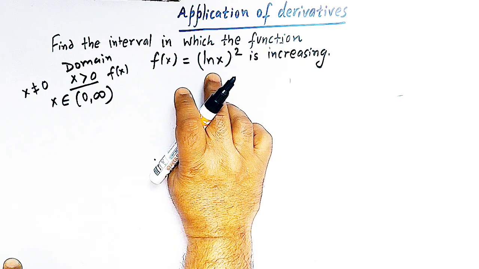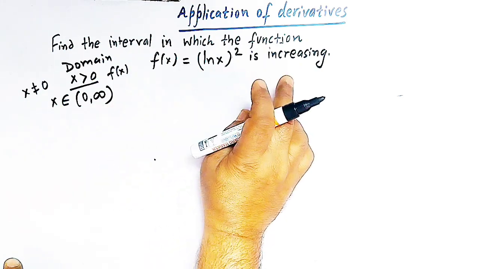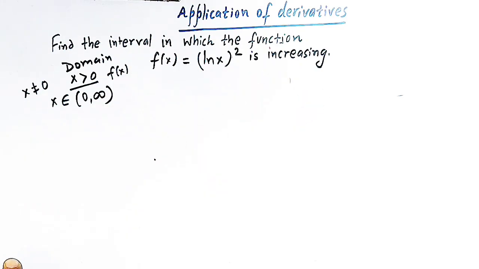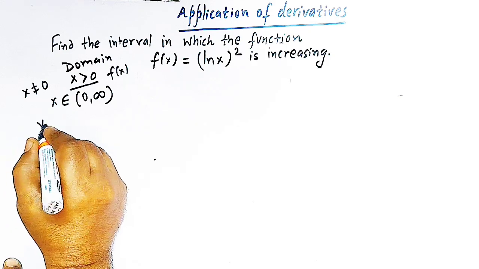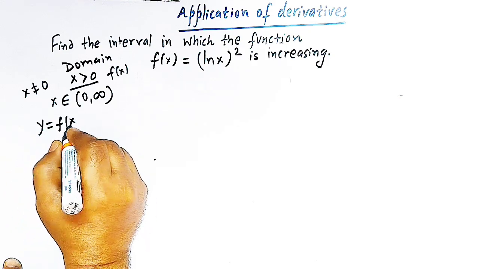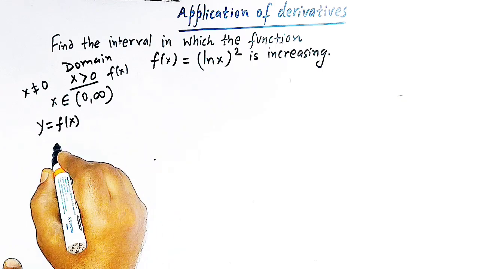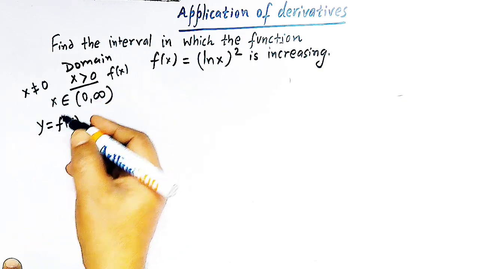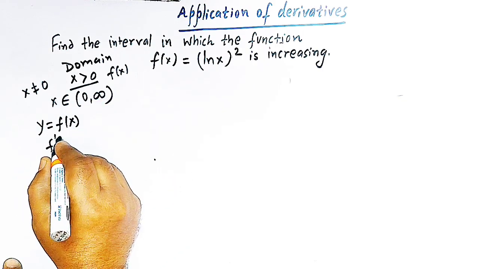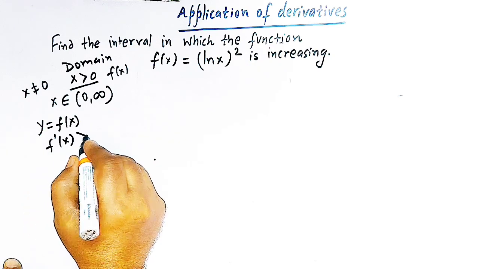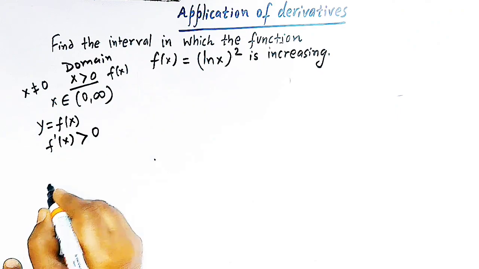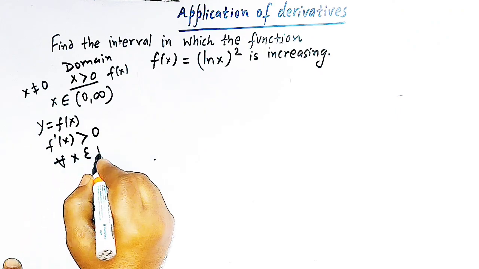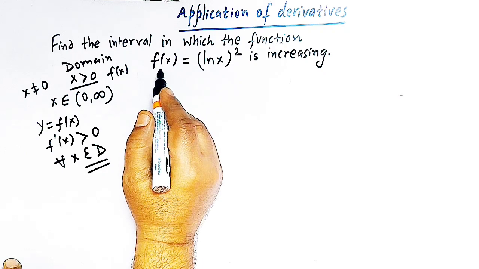Okay, so now to find the intervals in which this function is increasing, we have to make use of the definition of increasing function with the help of derivatives. Now we know that if a function, say y is equal to f of x, is said to be an increasing function in its domain, then the derivative, that is f prime of x, should be greater than 0 for all x belonging to the domain of the function, right?